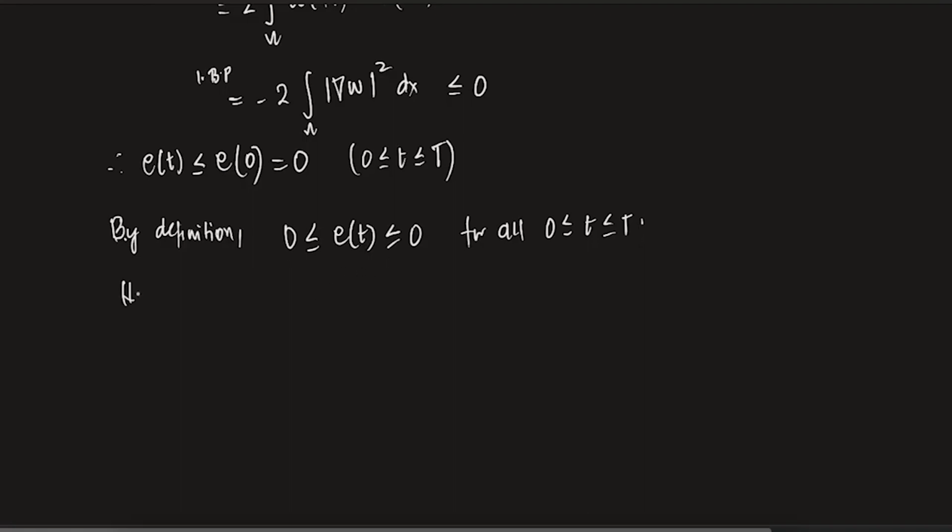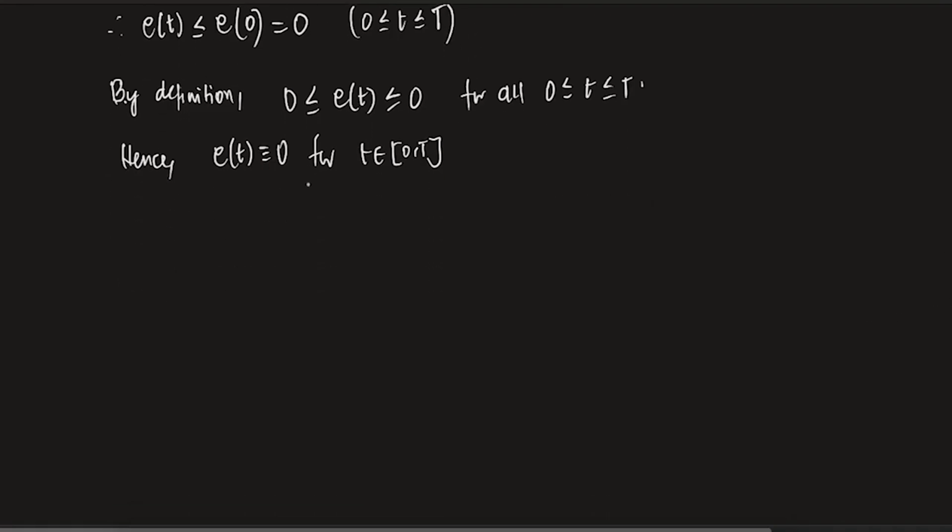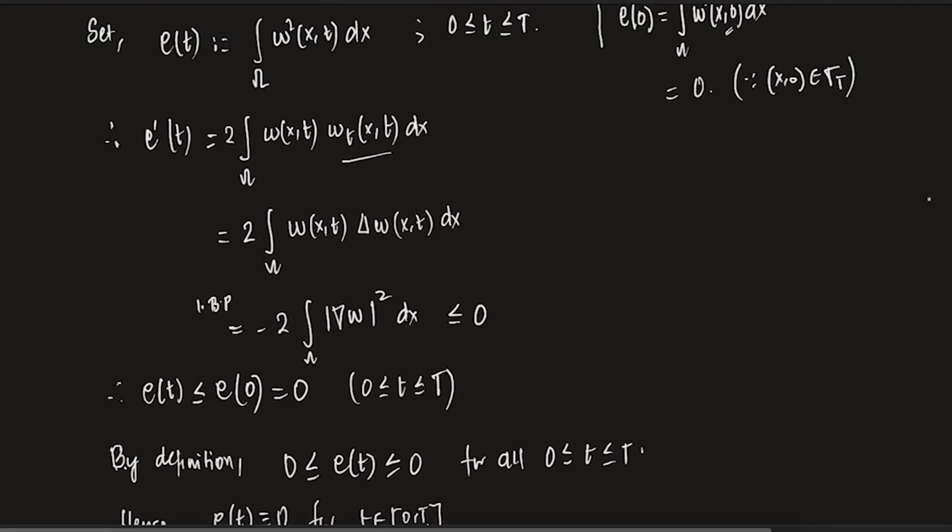So hence E of t is identically equal to 0 for t between 0 and capital T. So E of t is always 0, and hence if E of t is 0, what does that mean? What is E of t? E of t is the integral over omega of w square, and this is equal to 0. So w is a continuous function, right? Because w solves the problem, so it's a continuous function. So you have the integral of w square identically equal to 0, that will give you w square is identically equal to 0, that will give you w is identically equal to 0.